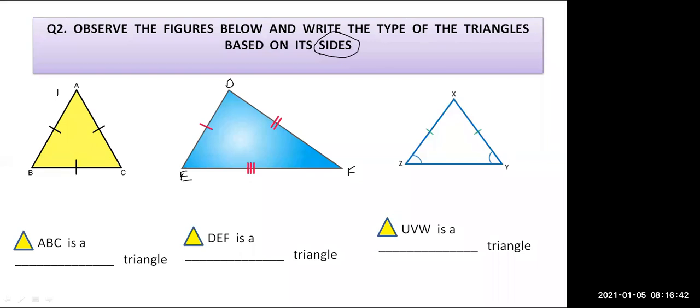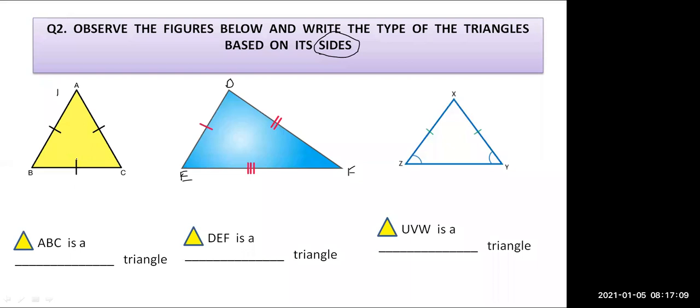Avinash, can you help me? How did you identify all three sides are equal? कैसे पता चला that all three sides are equal? You can unmute yourself and talk. There is a line on the three sides.